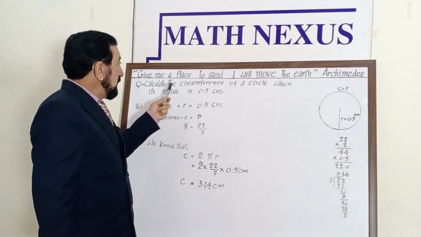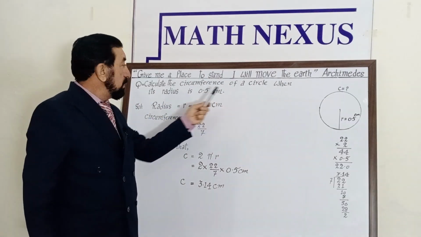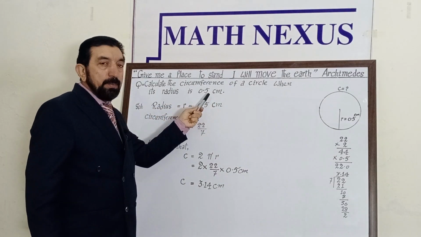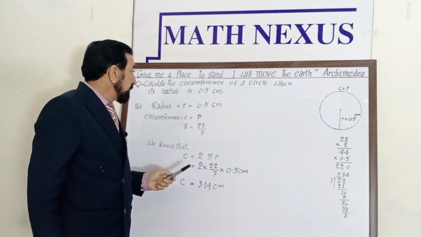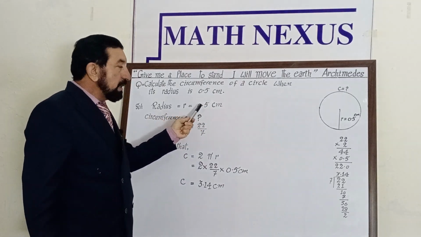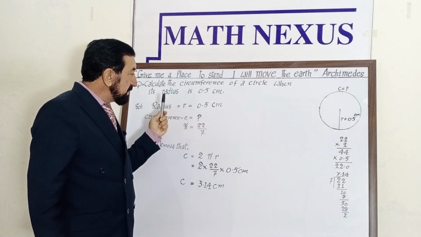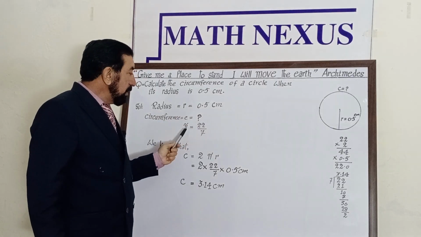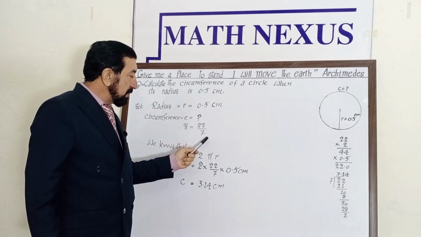Question: calculate the circumference of a circle when its radius is 0.5 centimeter. Radius equal to r equal to 0.5 centimeter, circumference equal to unknown, pi value 22 upon 7.